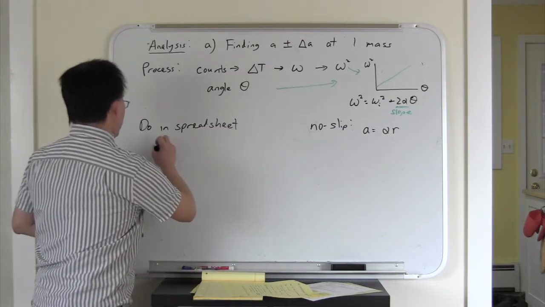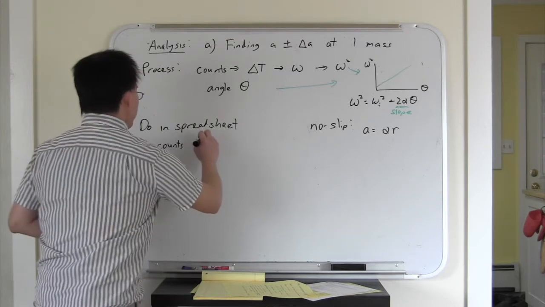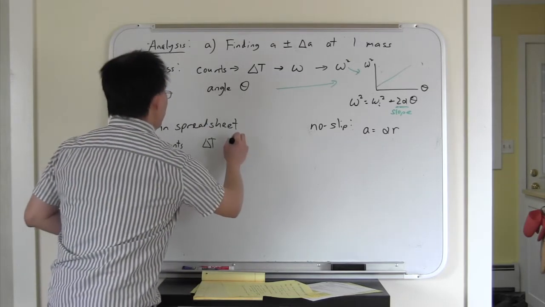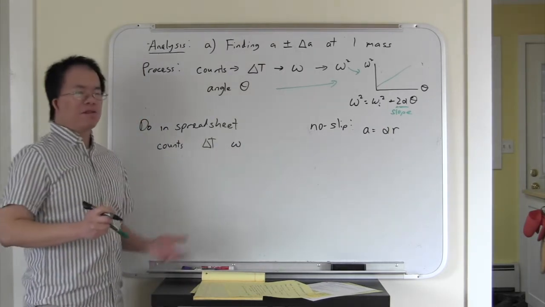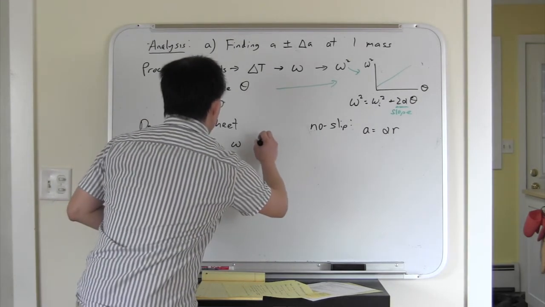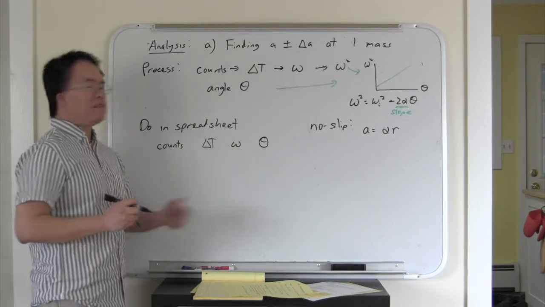You might have a column for your counts, another column for your time interval, delta t, your omega, and your angle, so your theta, as an increasing series.